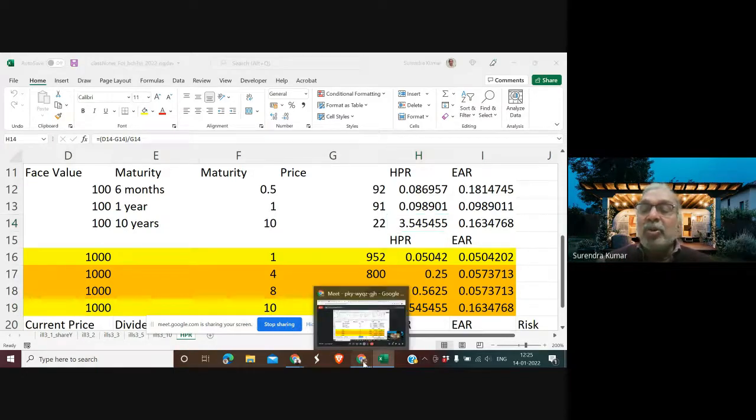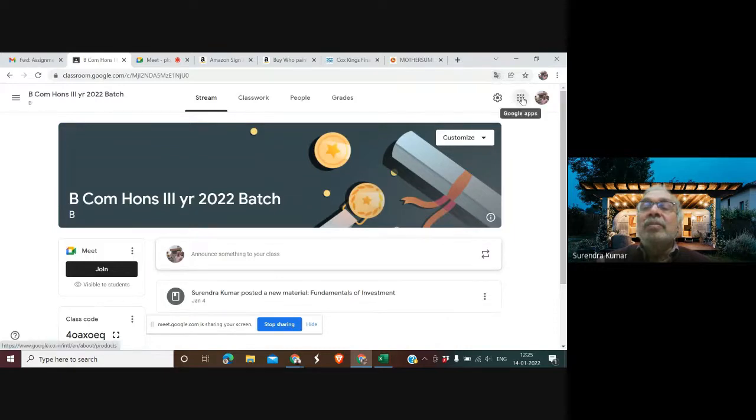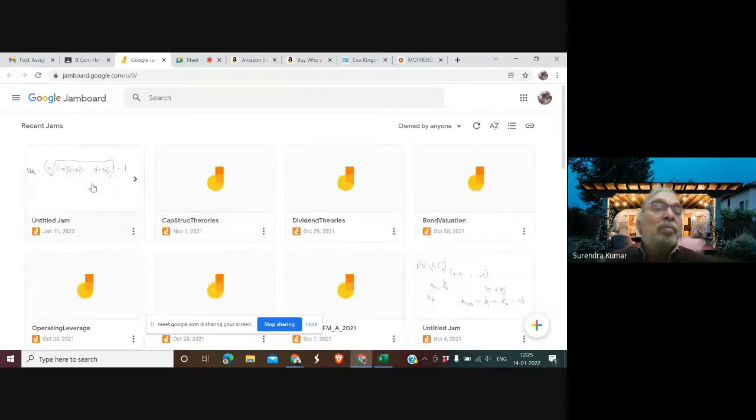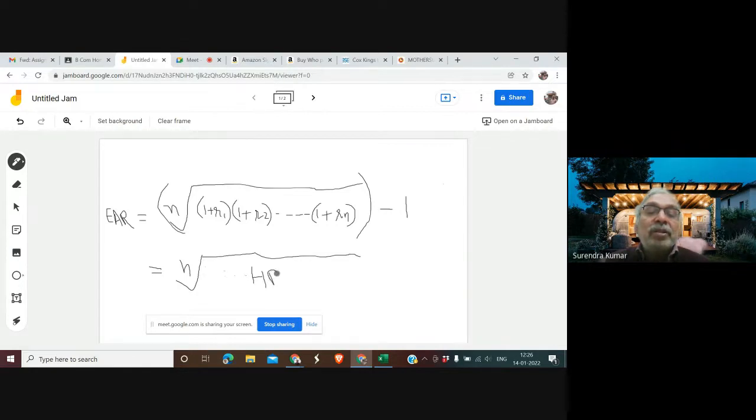And just to bring the whole idea on a white sheet, this is how we are writing effective annual return, and if we have to bring the equality between the two, we are saying this is our holding period return.